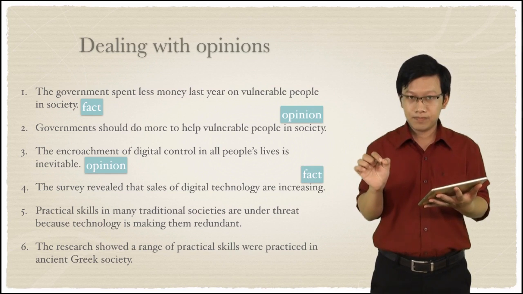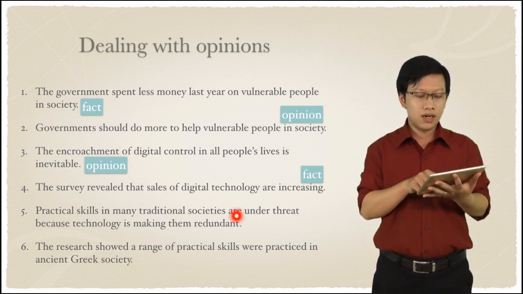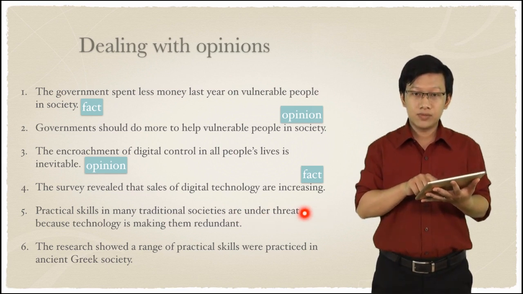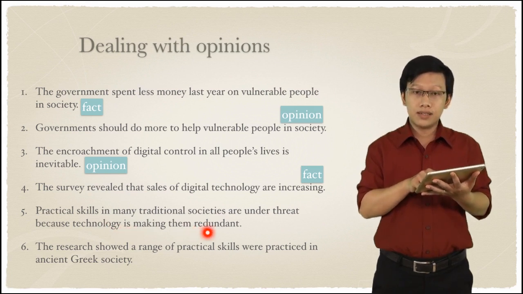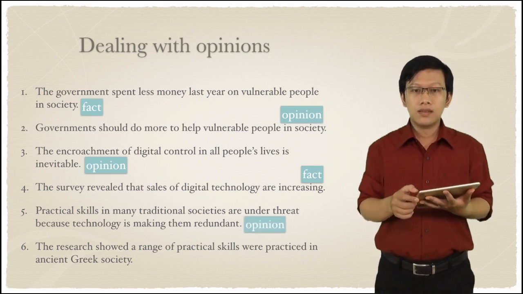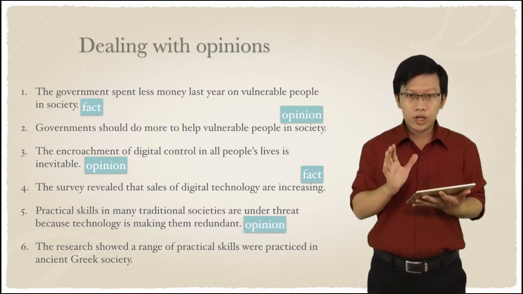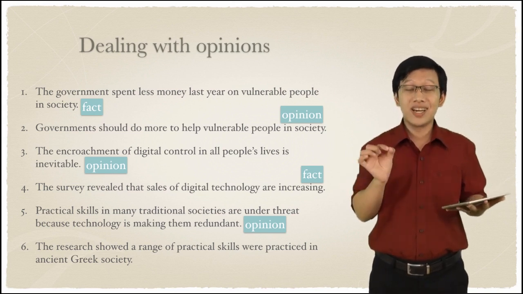It's correct. It's accurate. And so we call this a fact. This is a fact. Next one. Practical skills in many traditional sciences are under threat. We see under threat. Because technology is making them redundant. Do you think this is a fact or an opinion? This is an opinion, because maybe it's not technology that is creating a problem.